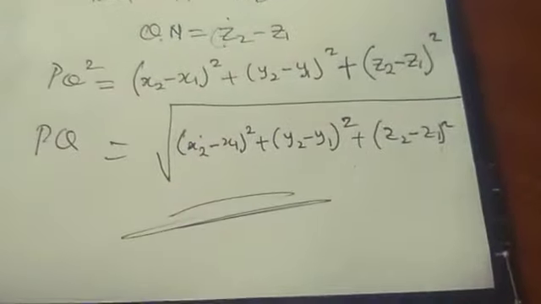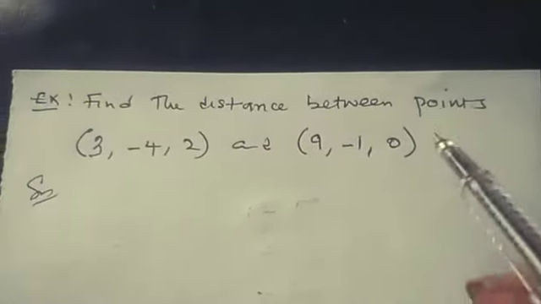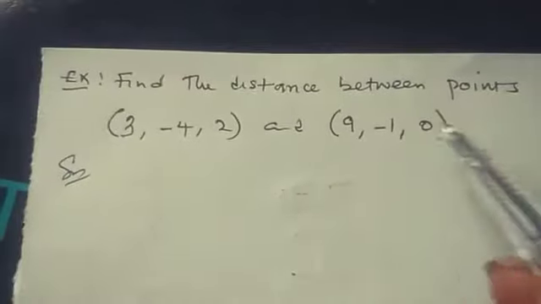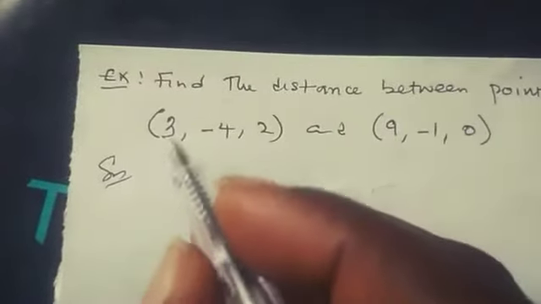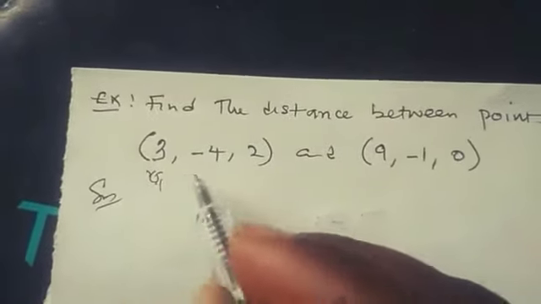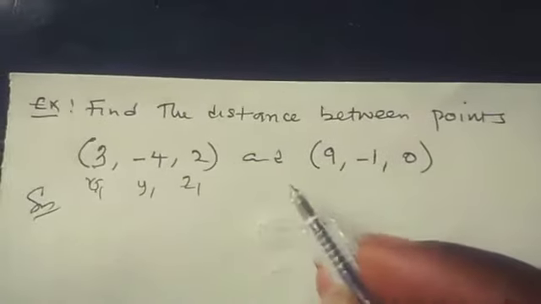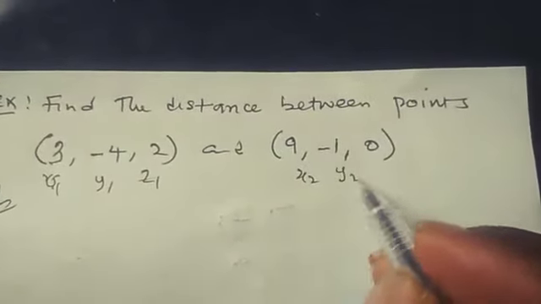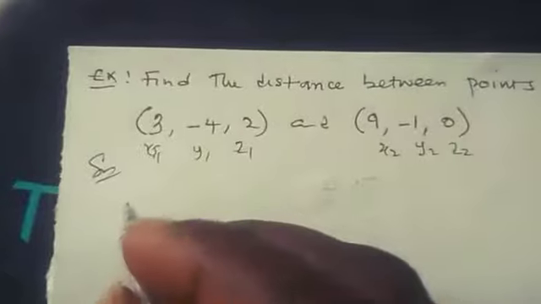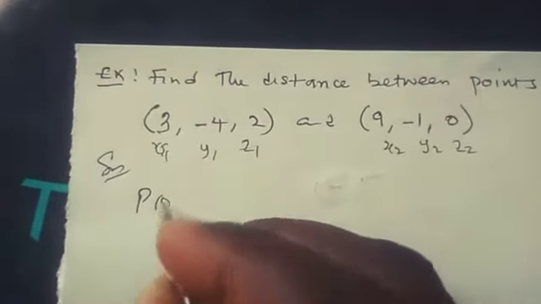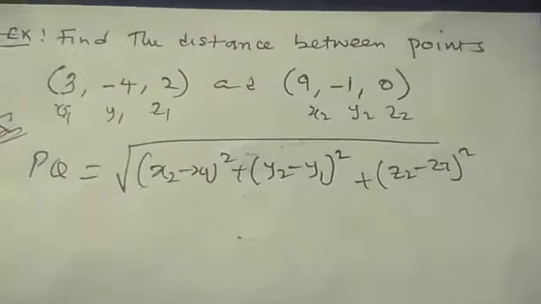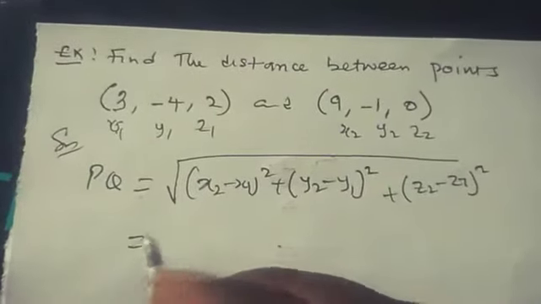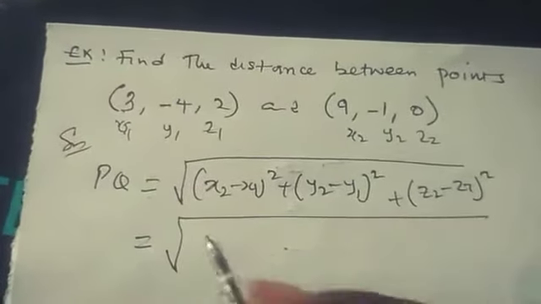Now let's take examples. So we want to find the distance between these 2 points here. So using the formula, this is our S1, Y1, Z1, S2, Y2, and Z2. So if we use the formula, we can now substitute everything there.